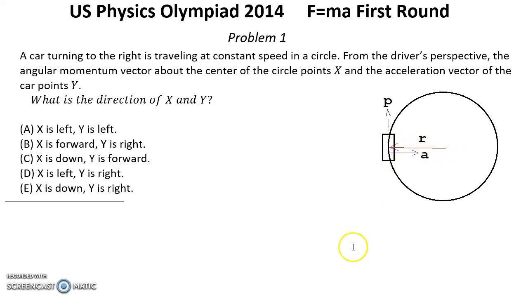By definition, angular momentum equals this expression. That's a cross product of radius vector and momentum. Using the right hand rule, we can find that the direction of angular momentum is going down inside the page. So that's the answer. If we can see, the correct answer is E. X is down and Y is right.